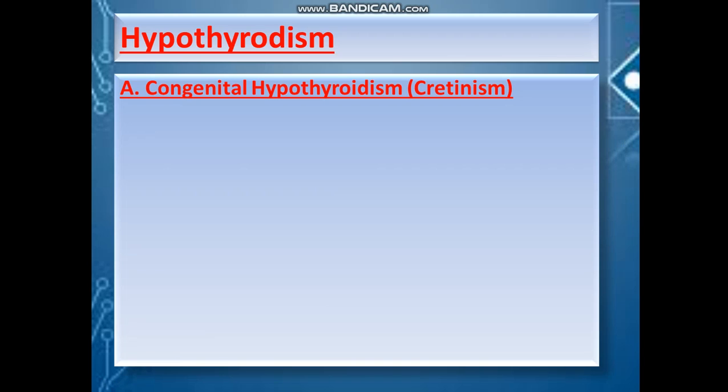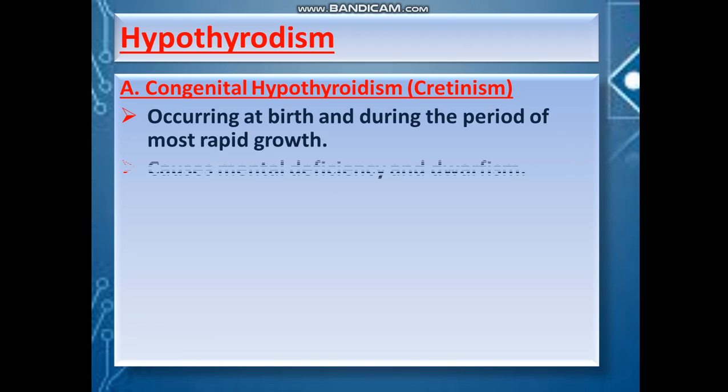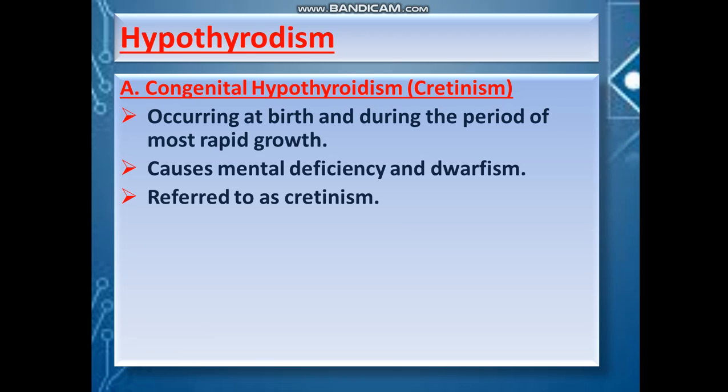Congenital hypothyroidism occurs at birth and during the period of the most rapid growth. If it is not detected or treated well, it causes mental deficiency and dwarfism. In earlier medical and dental literature, congenital hypothyroidism was referred to as cretinism.